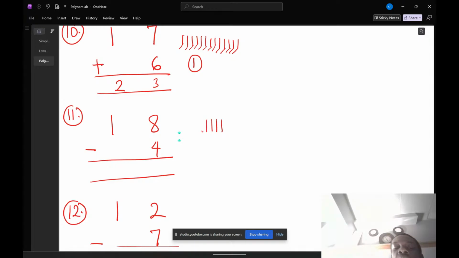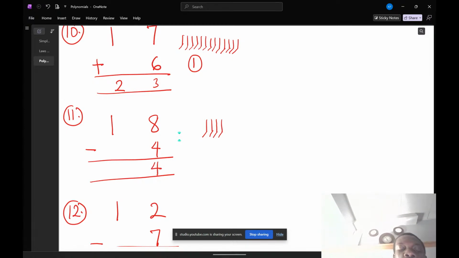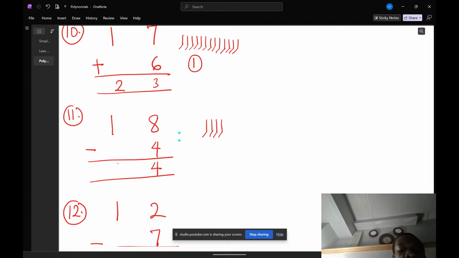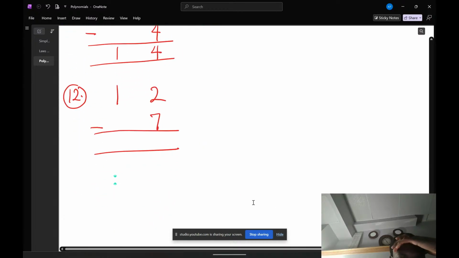Then let's count what is left: 1, 2, 3, 4. So 8 minus 4 is 4. Then 1 minus nothing is 1. So 18 minus 4 is equal to 14. Now in this case, we have 12 minus 7.